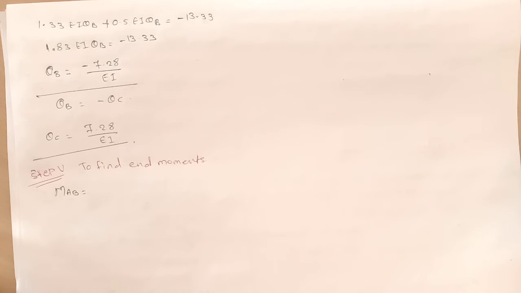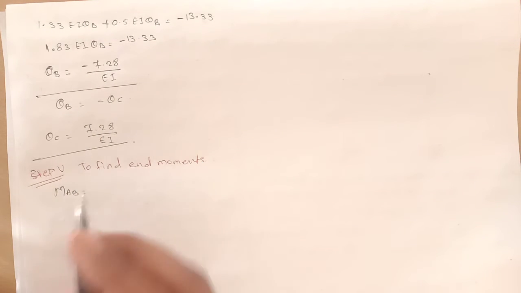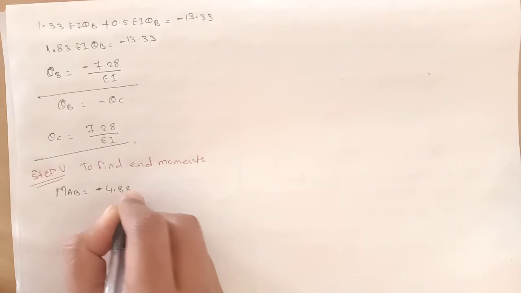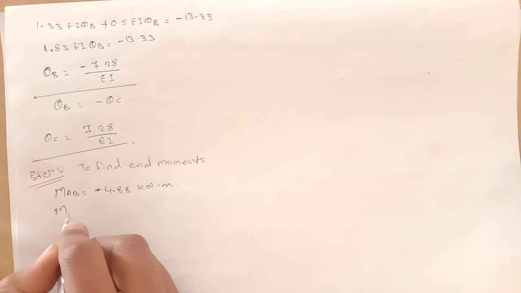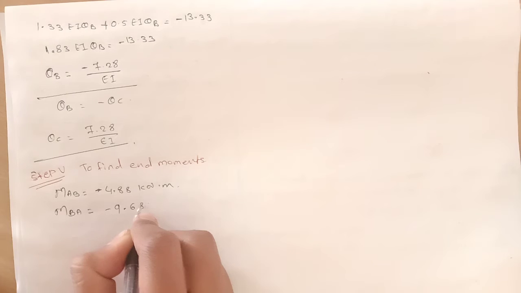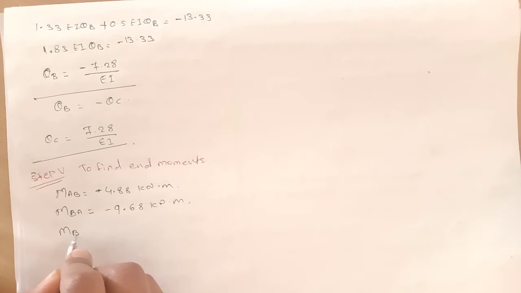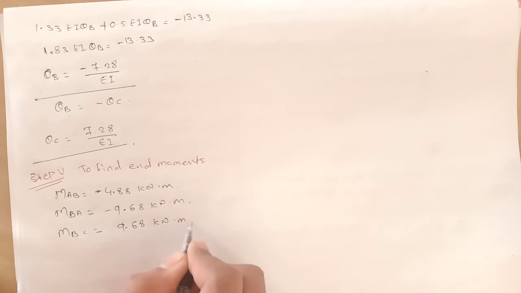So the first equation is 0.67 EI theta B. Theta B value is minus 7.28 divided by EI. So your answer is minus 4.88 kilonewton meter. Similarly for other members, the end moment at member BA is minus 9.68 kilonewton meter. Then end moment at member BC is 9.68 kilonewton meter.